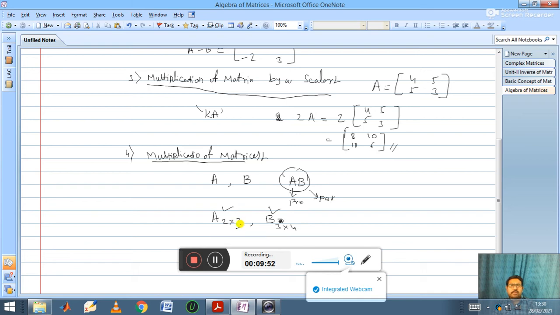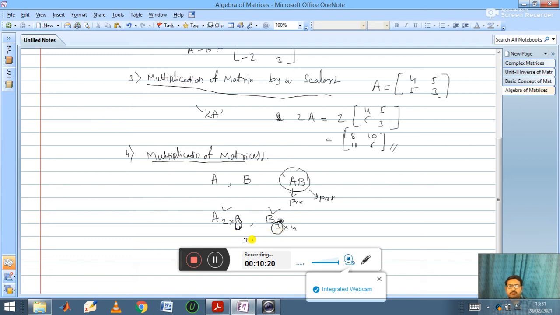But the eligibility criteria for matrix multiplication is that the number of columns in the first matrix should be equal to the number of rows in the second matrix. Here in the first matrix the number of columns is 3. Our second matrix is B, and the number of rows is 3.